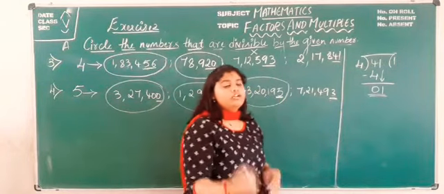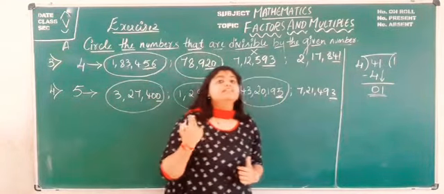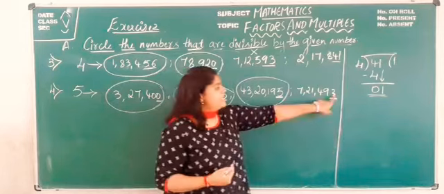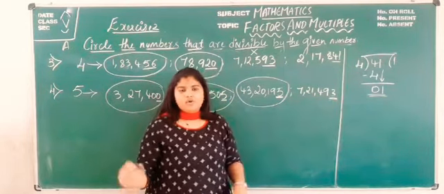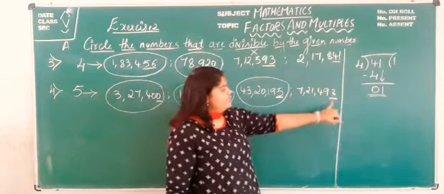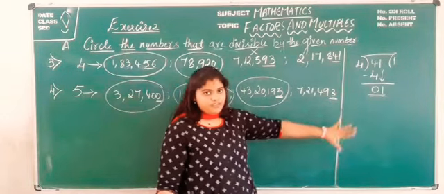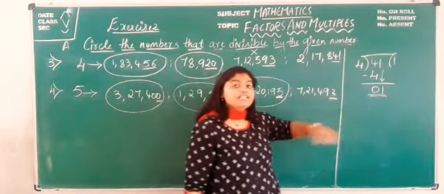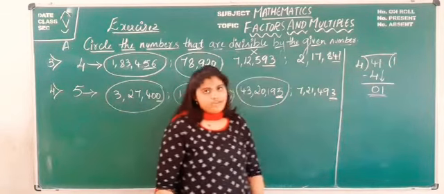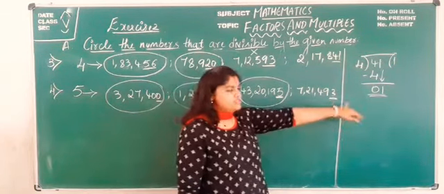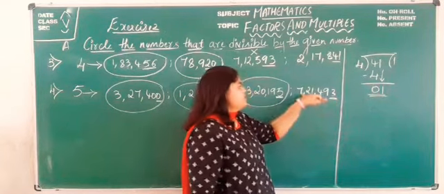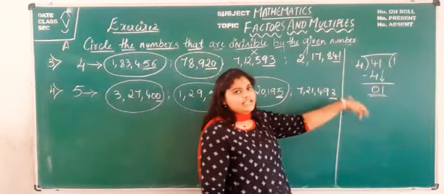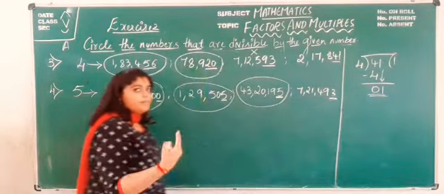We know the rule: the given number will be divisible by 5 when the last digit is either 0 or 5. Therefore this 7,21,490 is not divisible by 5.